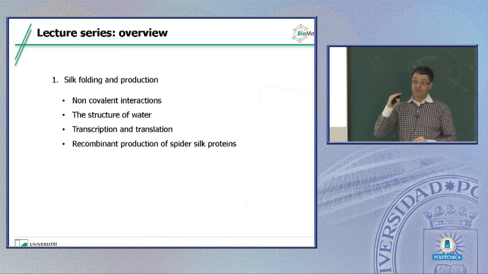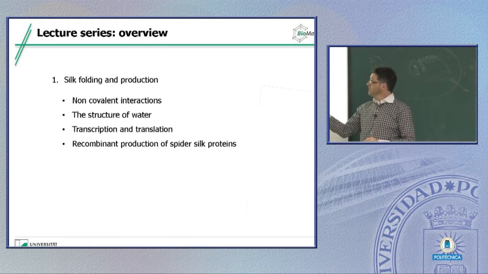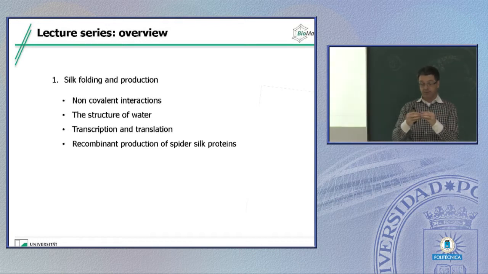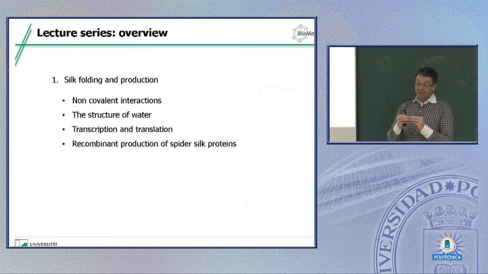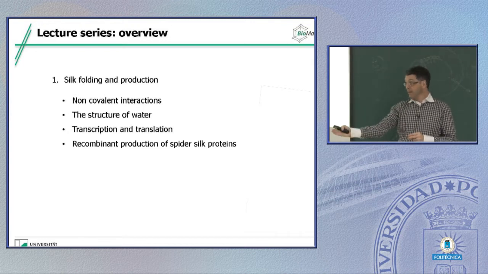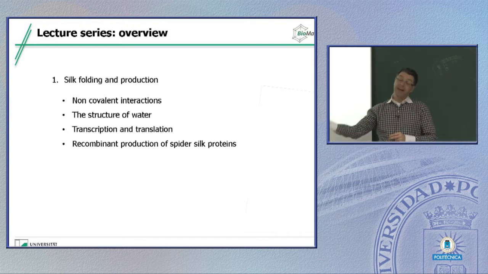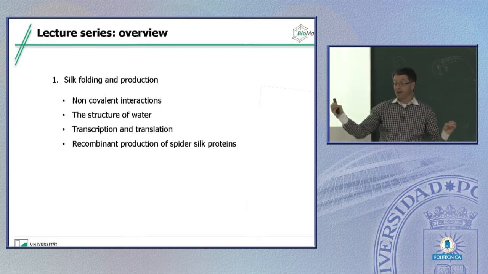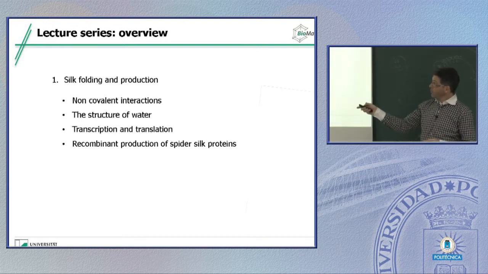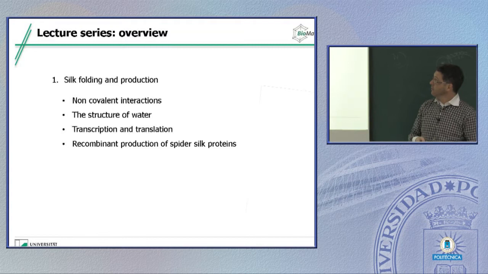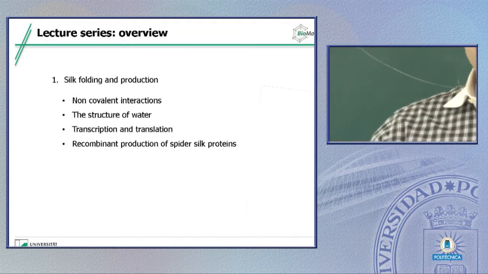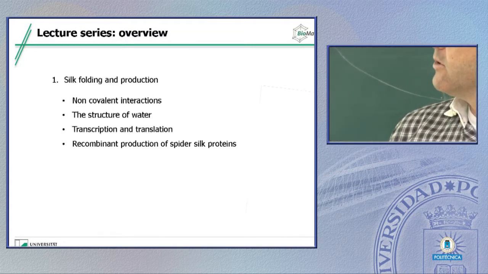So we call that structural water or internal water, because water serves as a plastifier for the structure. You only can remove the water out of a silk fiber if you put the fiber into vacuum or even high vacuum, and then also you lose all the mechanical properties. So water is very important for the structure, and water has a structure itself, so therefore I would talk about that.